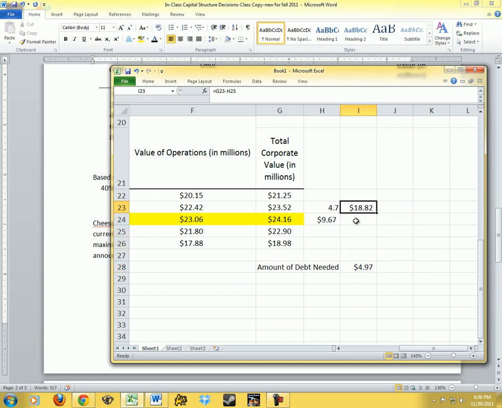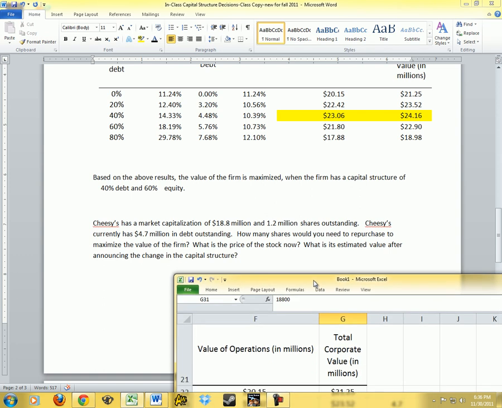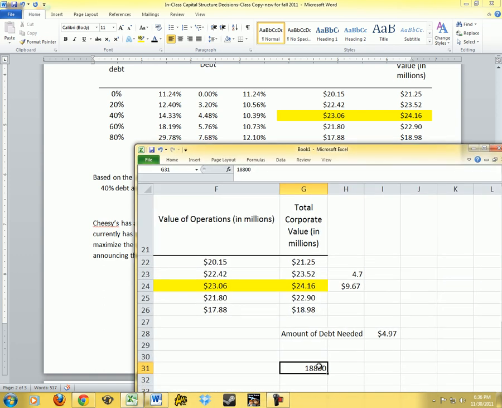So their current stock price is going to be equal to, they've got a market cap of 18.8 million, and they have 1.2 million shares outstanding. So 18.8 million divided by 1.2 million shares outstanding.